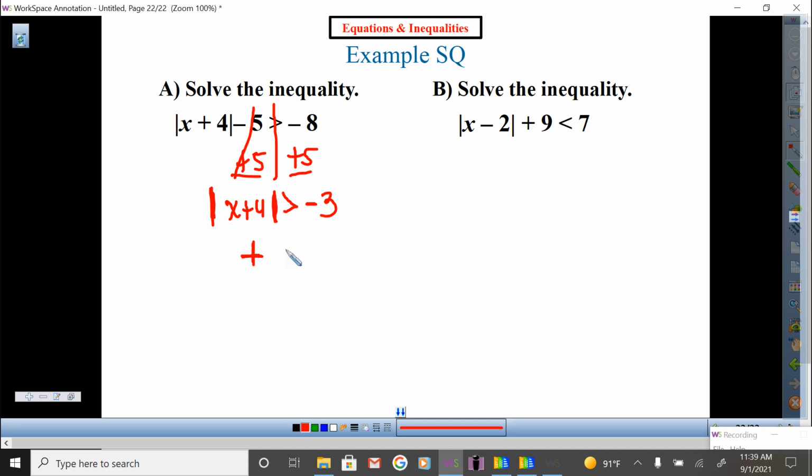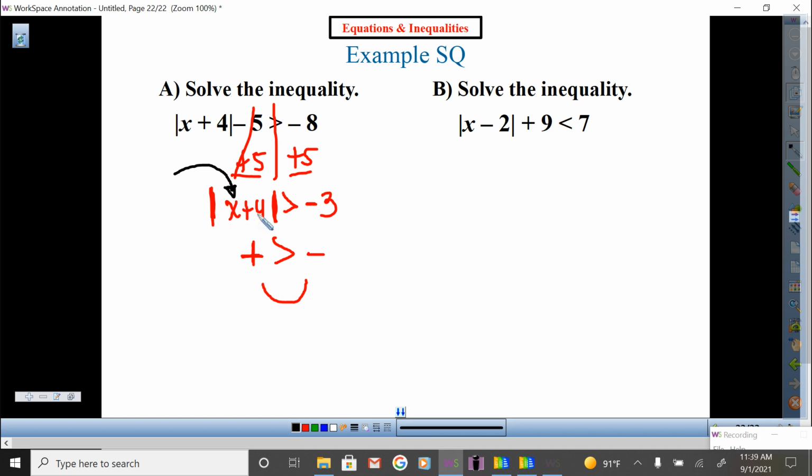But here we have an inequality that says that positives are greater than negative. Are positives greater than negative? Yes, they are. Now, does it matter what I substitute in here? Will we always get a positive? Yes, it doesn't matter what I substitute in.